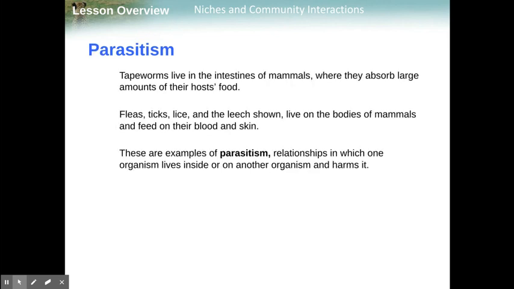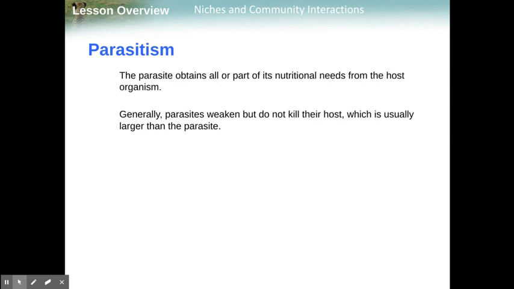Now, parasitism is where one benefits and the other is harmed. Tapeworms, for example, can be found in the intestines of mammals. Things like fleas, ticks, lice, and leeches live on the bodies of mammals as well. I'm sure that if you have a dog or a cat at home, you may have seen a tick attached before, and they will drink the blood of their host organism to survive.